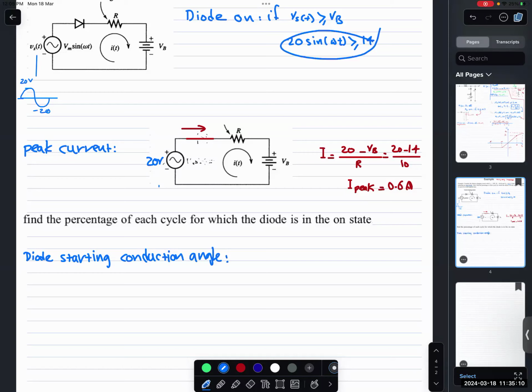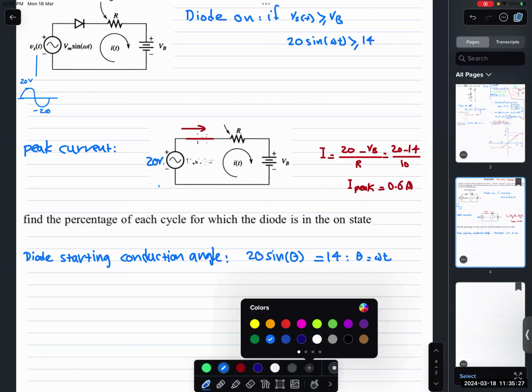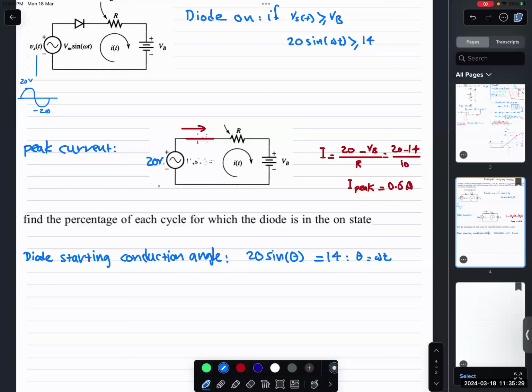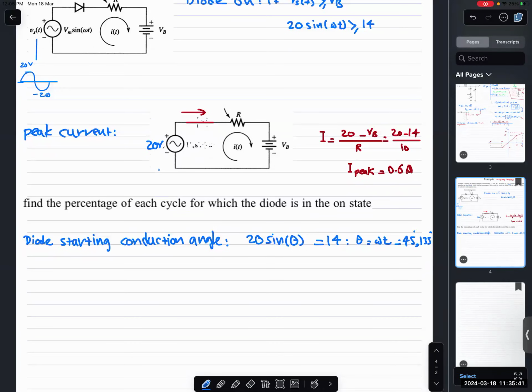When these two are equal, you say 20 sin(omega t) equals 14, then rearrange it: sin theta equals 14 over 20, and take the sine inverse. We get approximately 45 degrees or 135 degrees.